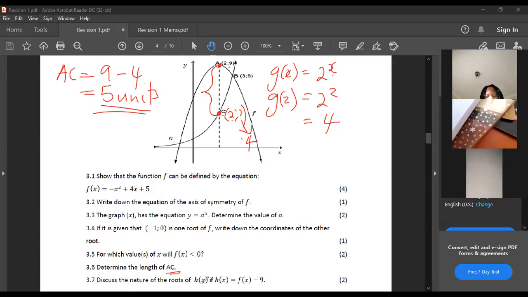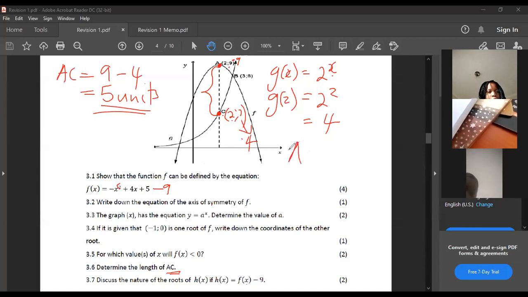Okay. Determine the nature of the roots of f of x minus 9. What does f of x minus 9 mean? It means from this function, you're subtracting 9. It simply means this graph is a translation of 9 units vertically down. If the graph has a turning point already of 2 and 9, then you subtract 9 from it.